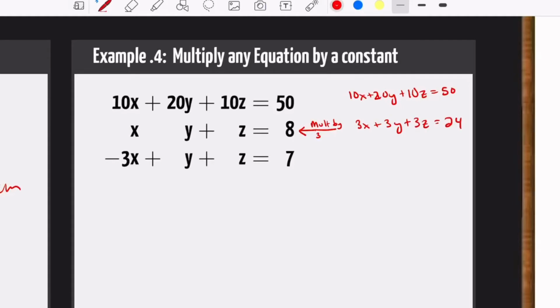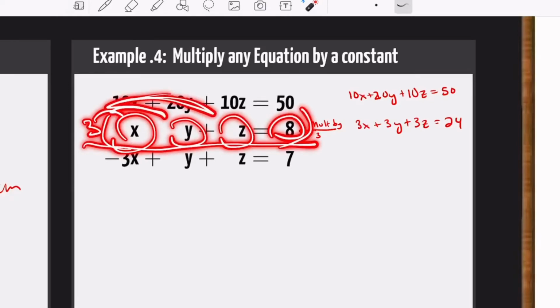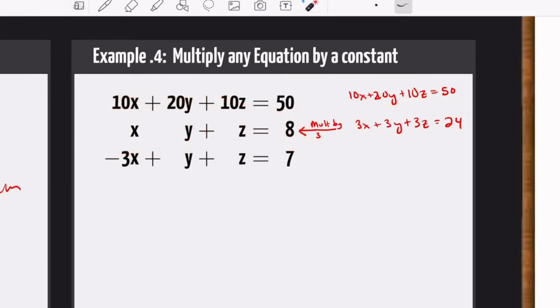I multiply this one by 3, multiply that by 3, multiply the entire equation by 3. Everything in this entire equation is multiplied by 3. And so once you distribute it, that gives you this piece right here, 3x, 3y, 3z, and 24. And you copy everything else the same: negative 3x plus y plus z is equal to 7.